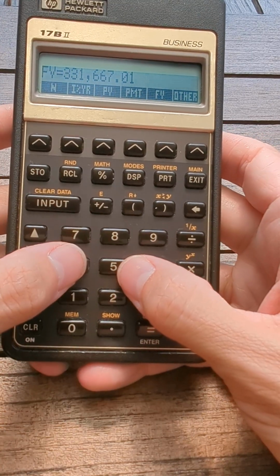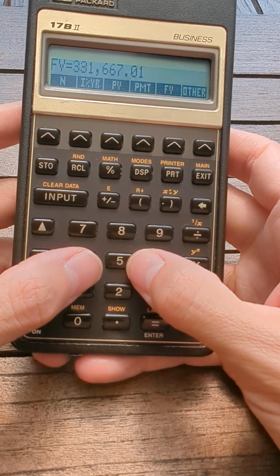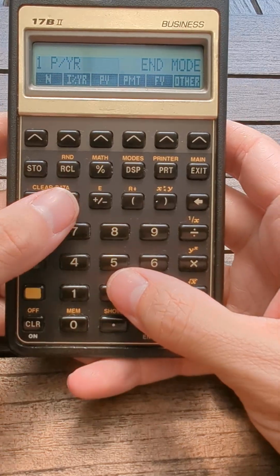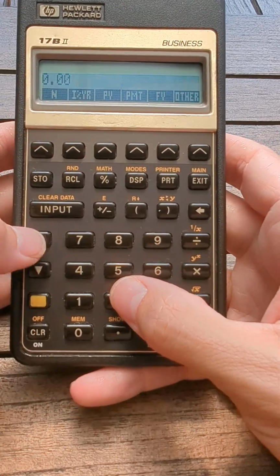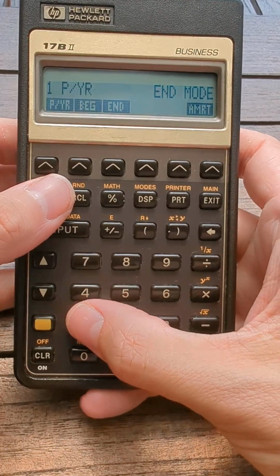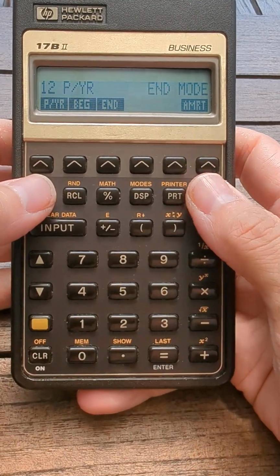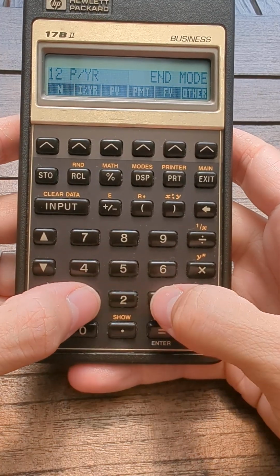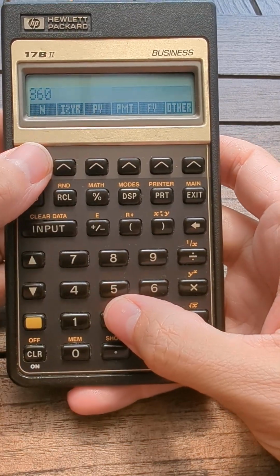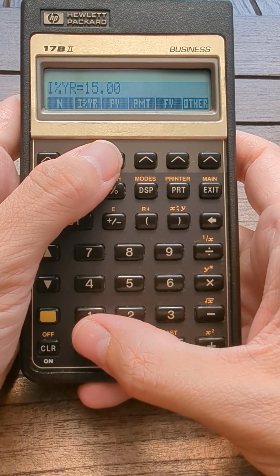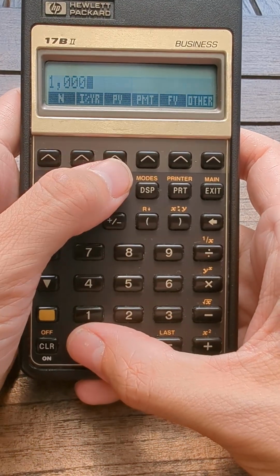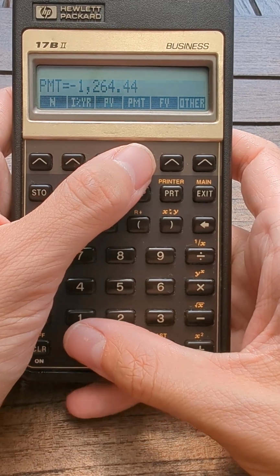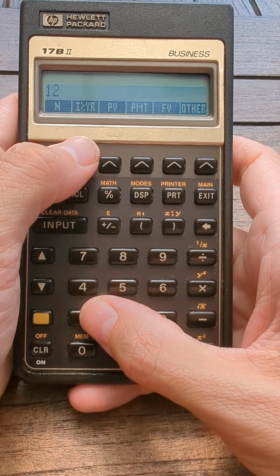Let's do problem number 2. So this one is a good test of UIs. So this one, it's 360 payments, 15%, want to borrow 100,000, calculate PMT, and then calculate that for 12%.